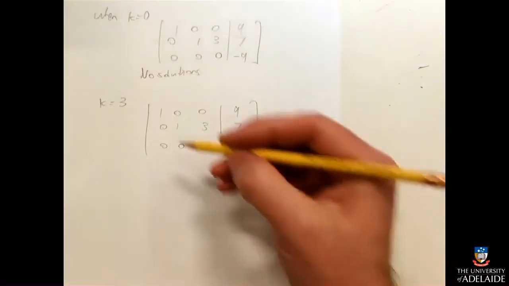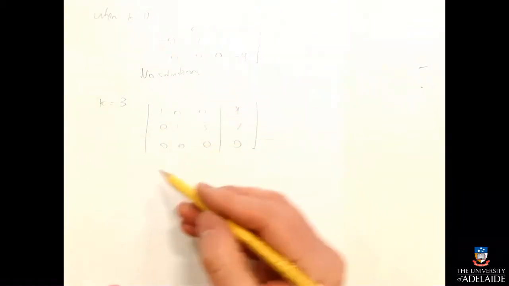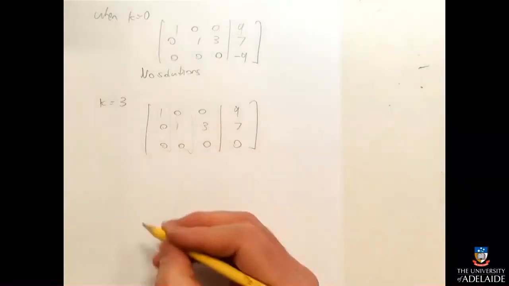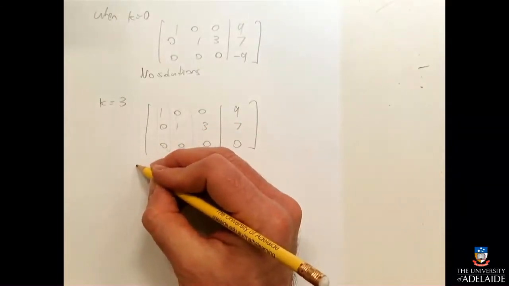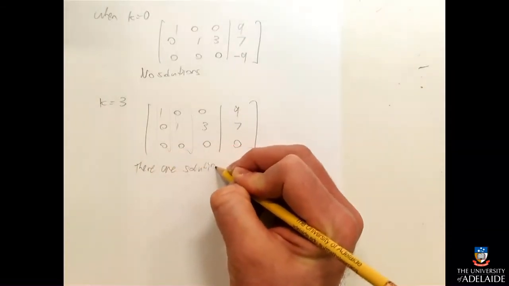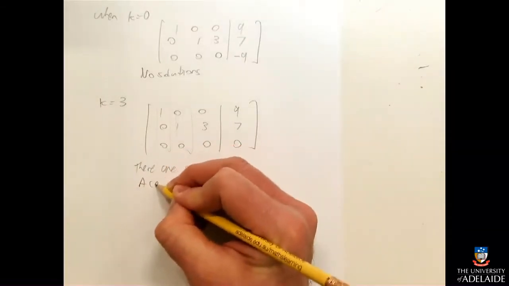And this one, we've got a pivot here, pivot here. There are, in fact, solutions, but there's not a pivot in every column. So when there are solutions and there's not a pivot in every column, that means there's infinitely many solutions. So there are solutions. There's a column with no pivot.